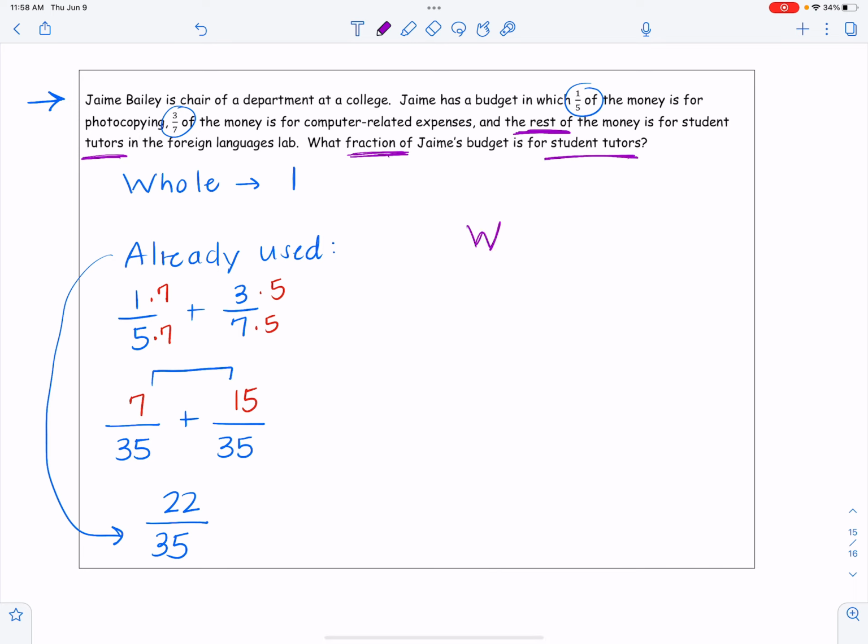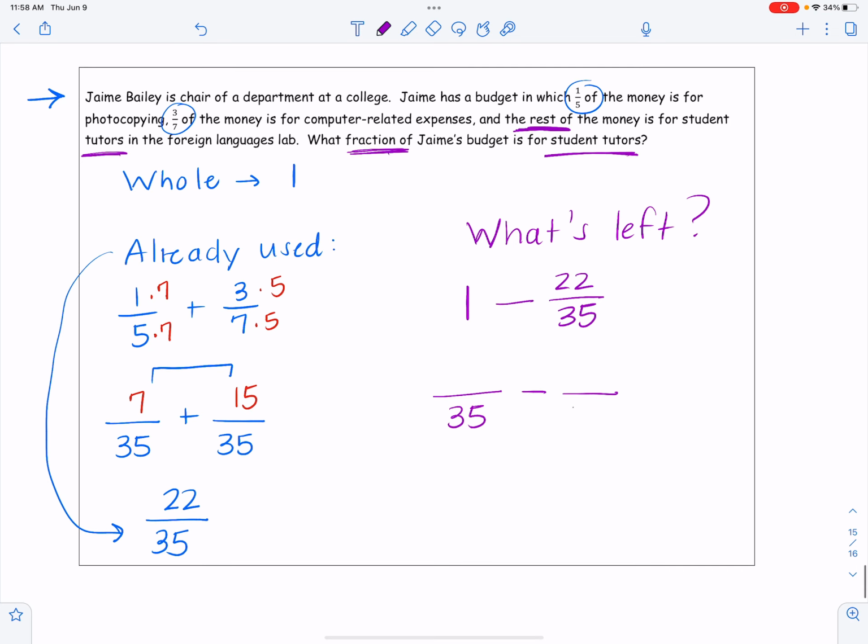And this is where that 1 comes into play. All right, when you're trying to figure out what's left and you're dealing with fractions, you want to take the whole, that's 1, and subtract out the part that's already been used. All right, now we're going to need a common denominator, but anytime you have a whole number, the common denominator will be the other denominator.